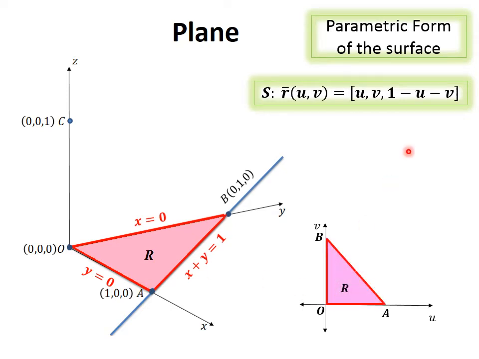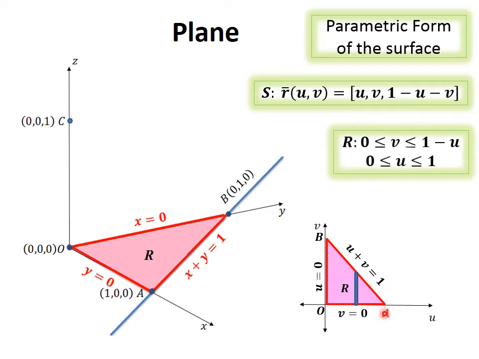To fix the bounds for u and v, take the strip parallel to the v axis. The value of v at the bottom of the strip is 0, and at the top of the strip is 1 minus u. If we move the strip to the leftmost end, u equals 0. If we move the strip to the rightmost end, the value of u equals 1.